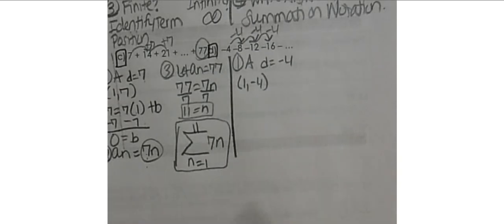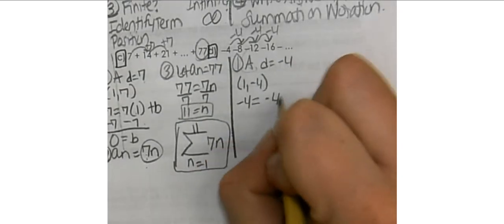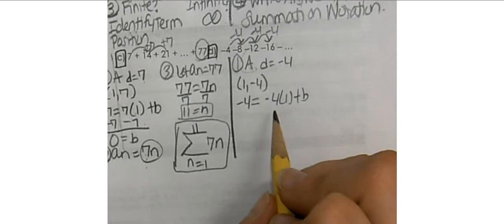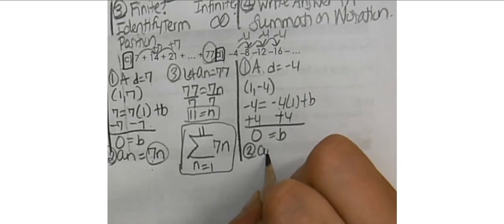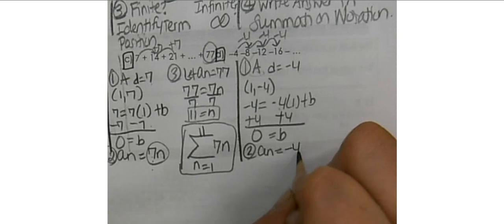And I'm going to work with the ordered pair 1, -4, and I'm going to plug those values into my rule for an explicit arithmetic sequence. So I'm going to write -4 is equal to -4 times 1 plus b. -4 times 1 is -4, so I'm going to add 4 to both sides, and once again we find that b is equal to 0. So our rule is going to be a sub n is equal to -4n.